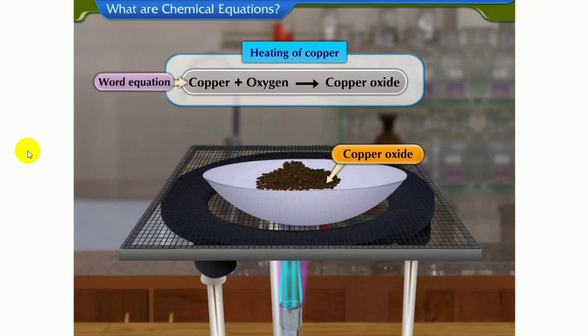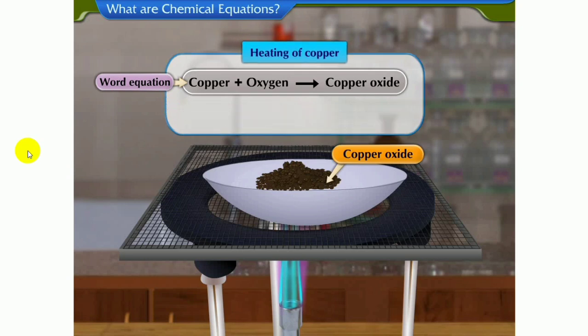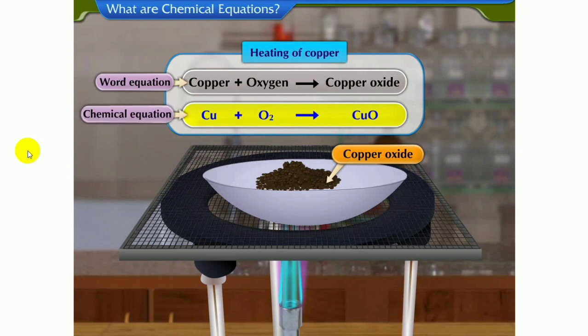We can make this word equation more precise and concise by using chemical formulae. We can represent heating of copper as Cu + O2 gives CuO. The representation of a chemical reaction with the help of chemical formulae is called a chemical equation.